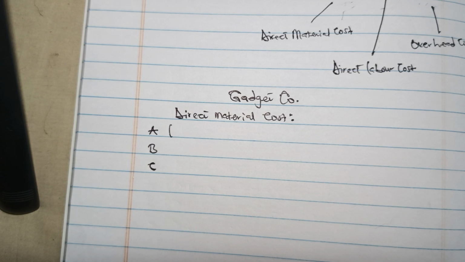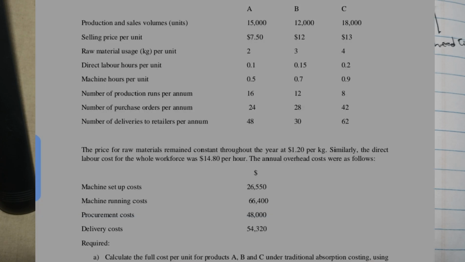The raw material usage per unit is 2 kg for product A, 3 kg for product B, and 4 kg for product C.